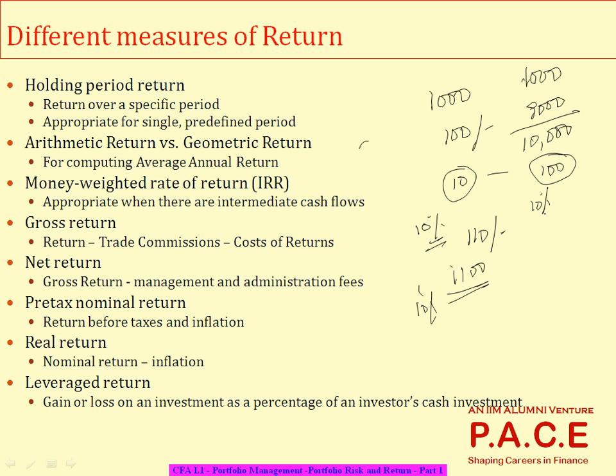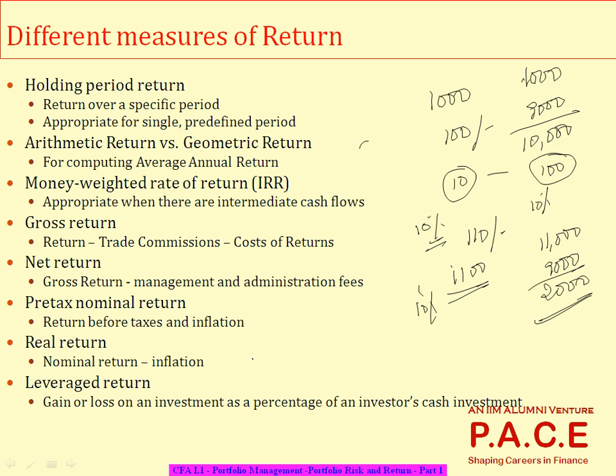Your total value becomes 110 into 100, which is 11,000. When you sell off, you get 11,000. Out of that, you return 9,000 to your broker. 2,000 you are left with. That's your money. You invested 1,000, you are getting 2,000. There is a 100% profit there.